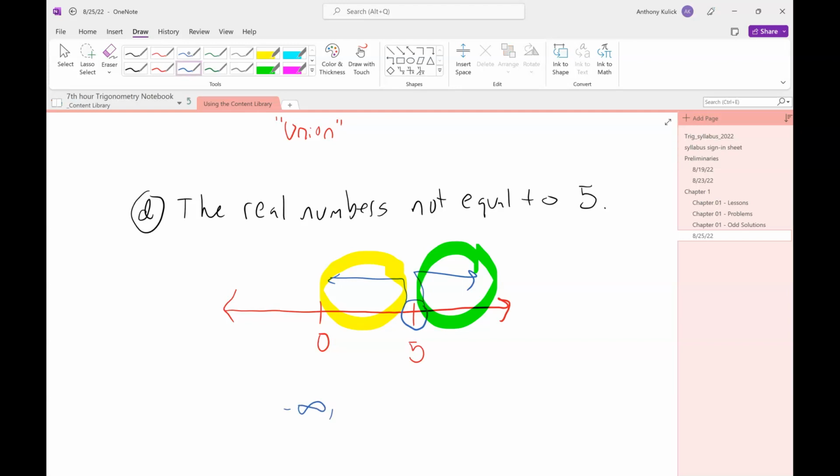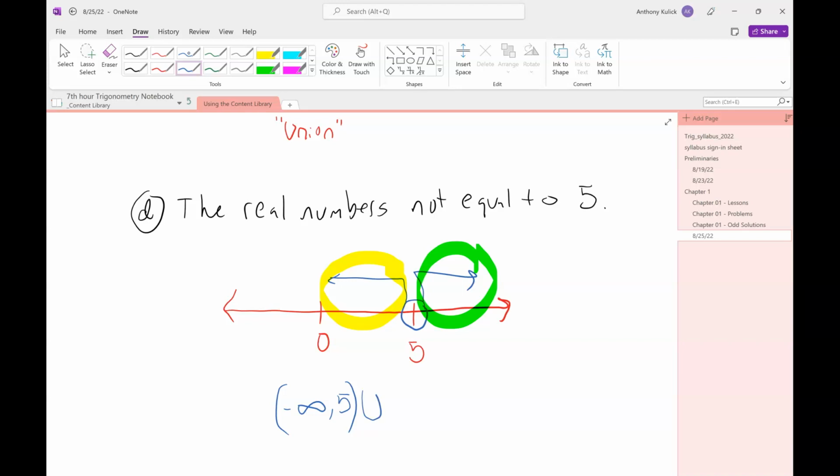Thank you. And the upper bound is 5. Does the negative infinity get parenthesis or bracket? Parenthesis. Infinities always get parenthesis. Does the 5 get a parenthesis or bracket? Parenthesis, because the circle is not filled in. 5 is not a member of this set.